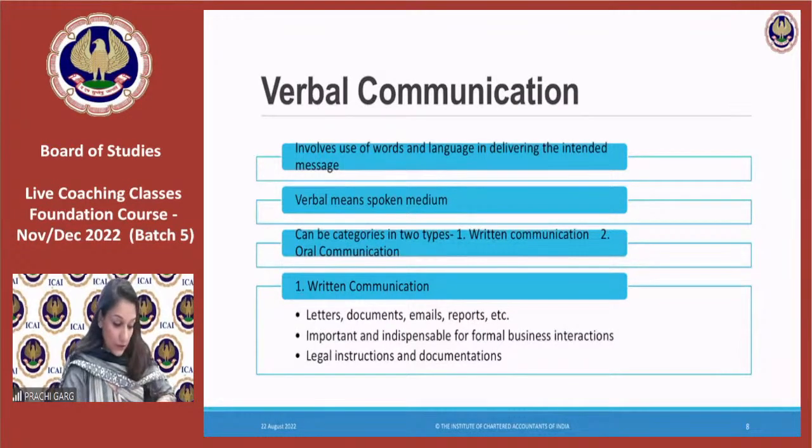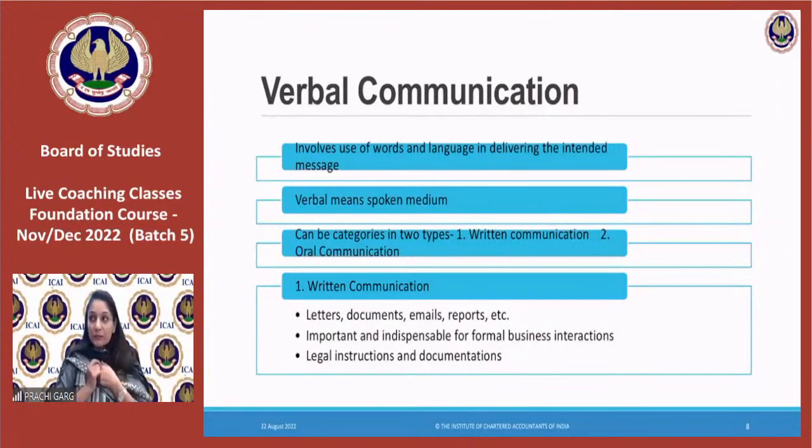Okay. Verbal or spoken medium can be categorized in two types. One is the written communication, the other is the oral communication. Now, written communication means when you're writing letters, documents, emails, reports, handbooks, brochures, various chat platforms, SMS. Now, why brochures?